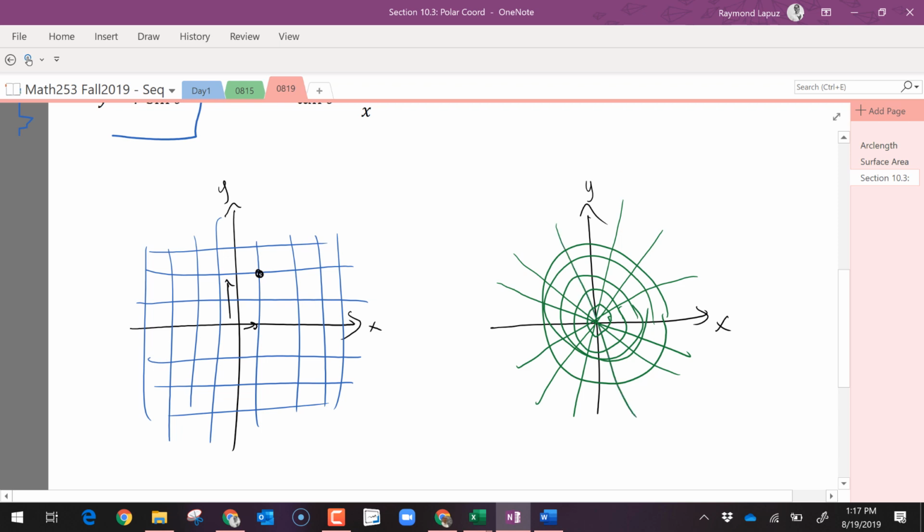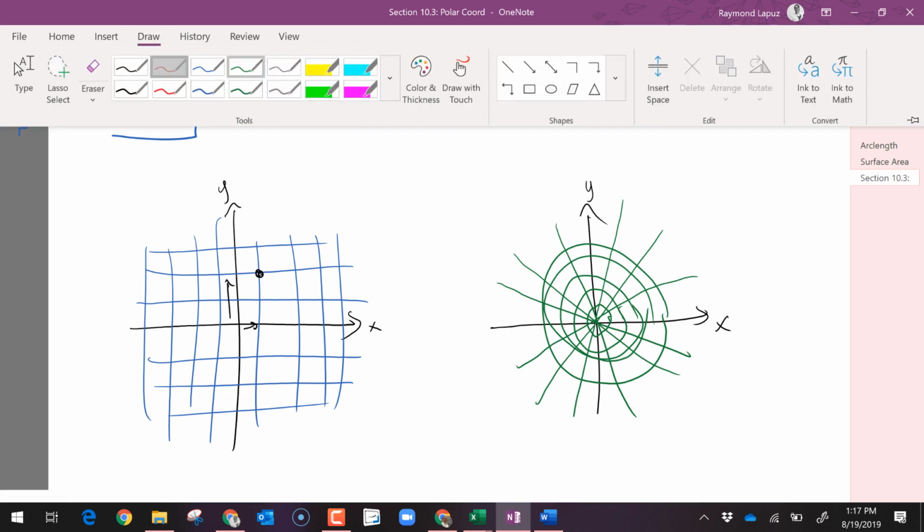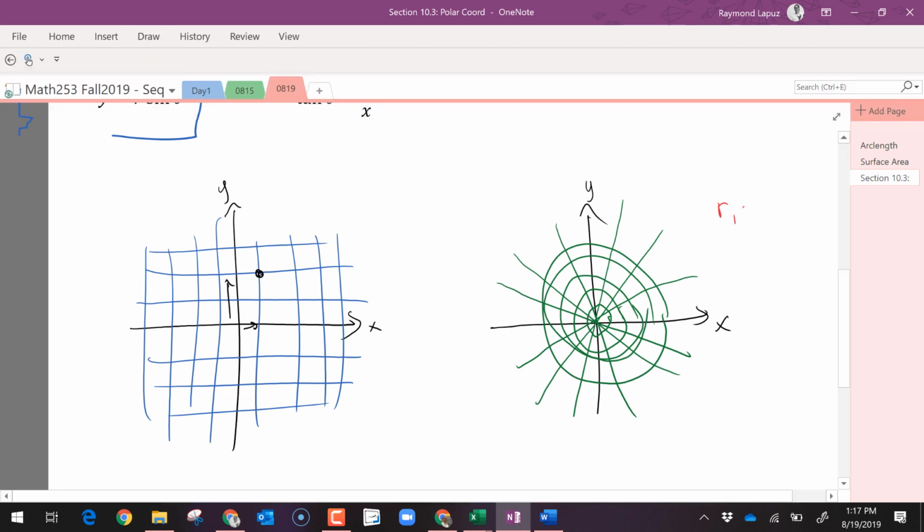A point in polar coordinates, if your r and theta are like 2 comma pi over 4, you would say, I want to go a radius of 2, so I'll go 2 units, 1, 2, and then I would go an angle of pi over 4. So 2 comma pi over 4 has a radial distance of 2 and an angle from the positive x-axis of pi over 4.